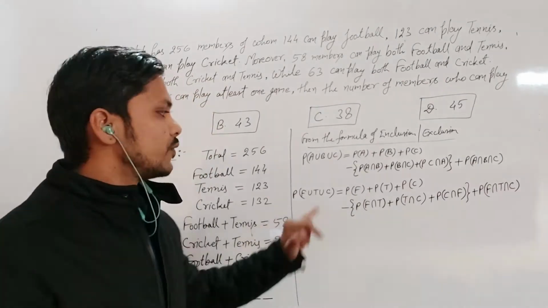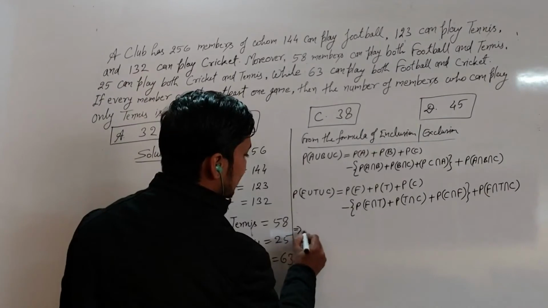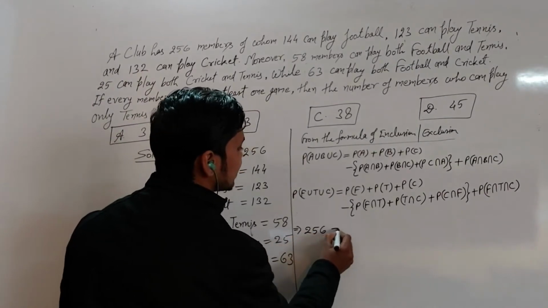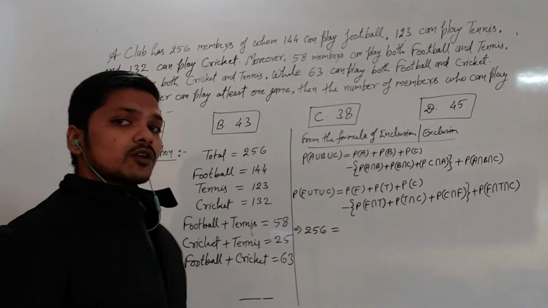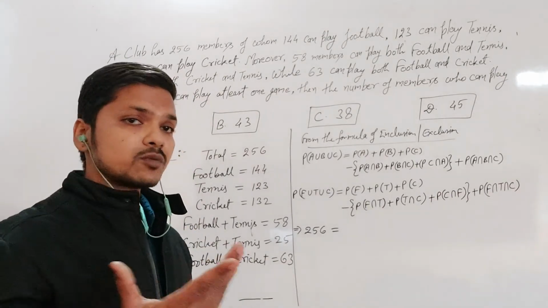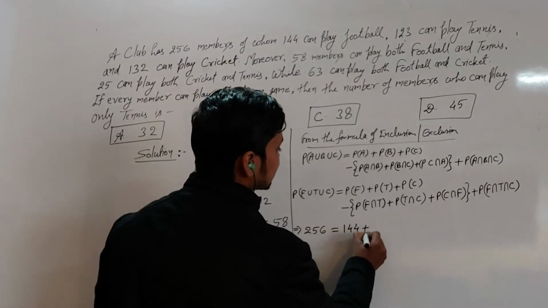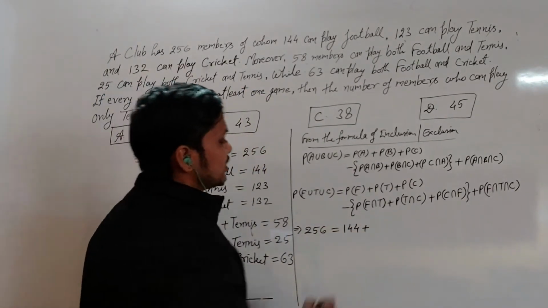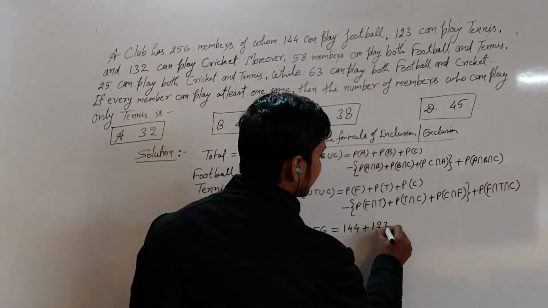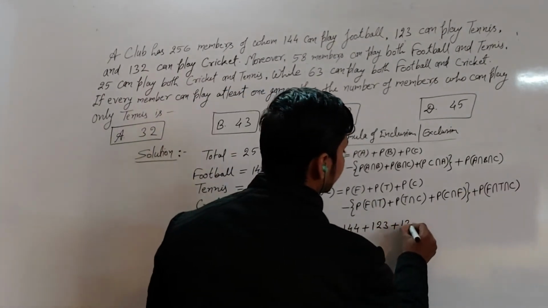So here we can write the total number of players in our club, 256. Now the total number of players who can play football is 144, plus the players who can play tennis, 123, plus the players who can play cricket, 132.